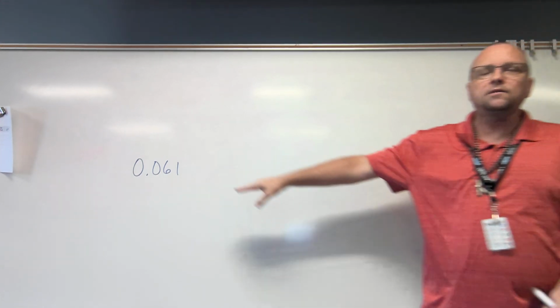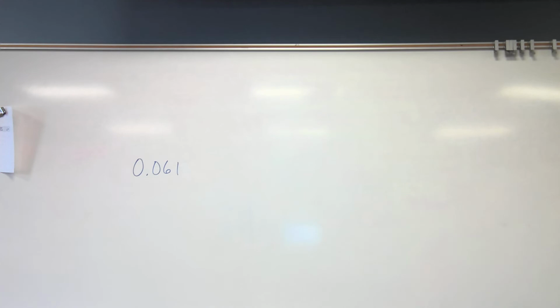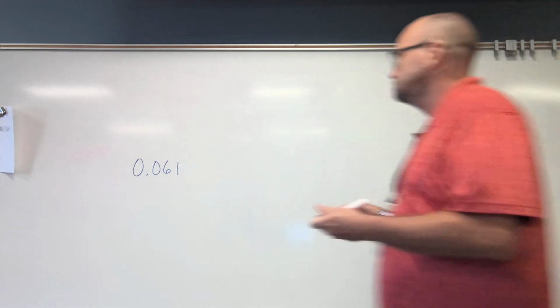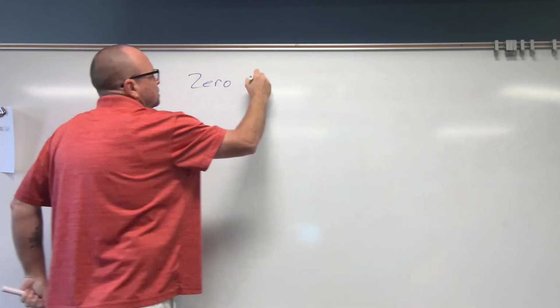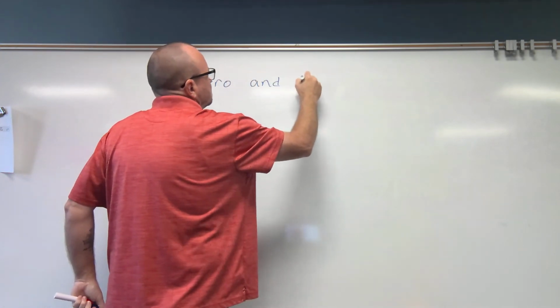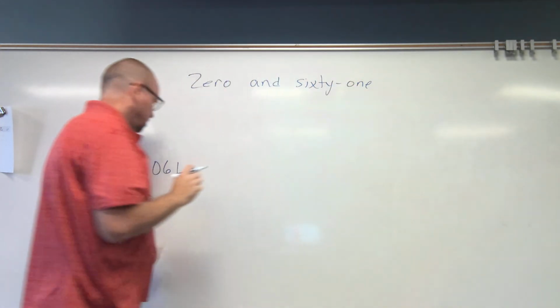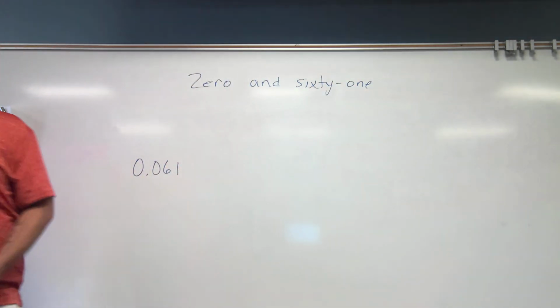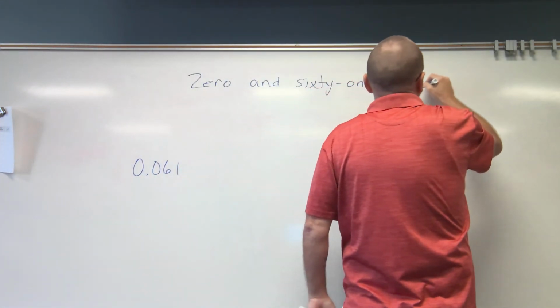Oren, how do I say this in words? Good. 0 and 61 thousandths. The 1 is in the thousandths place. Awesome.